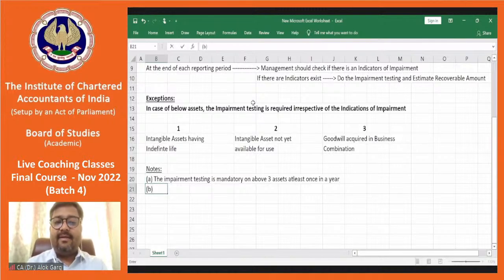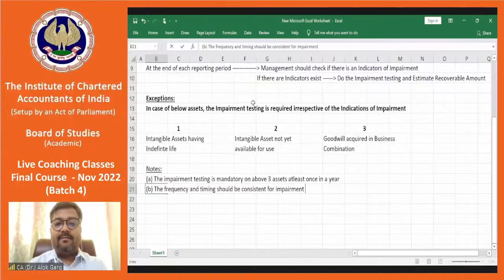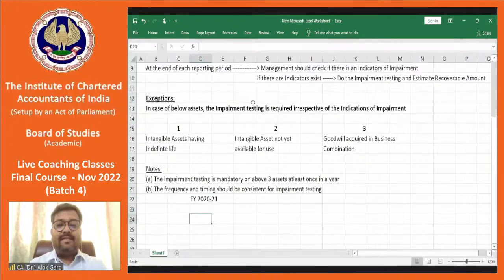Second, it says that the frequency and timing should be consistent for impairment testing. For example, in FY 2021, the impairment testing on these assets.